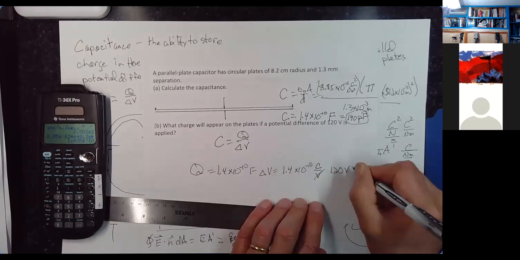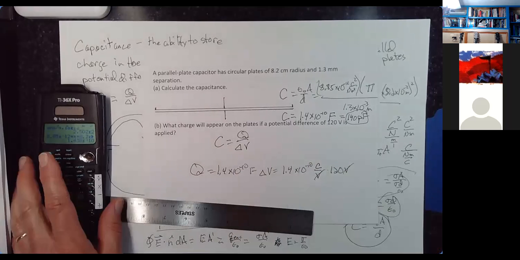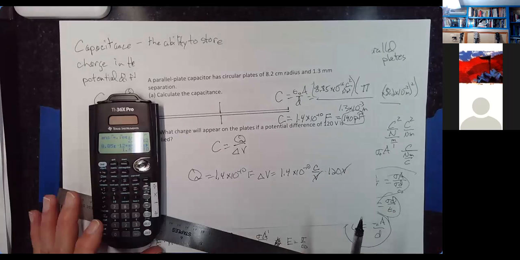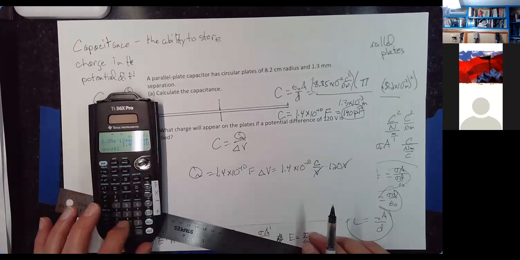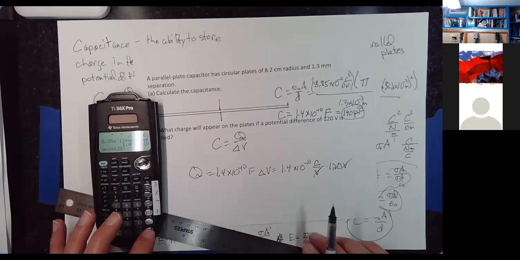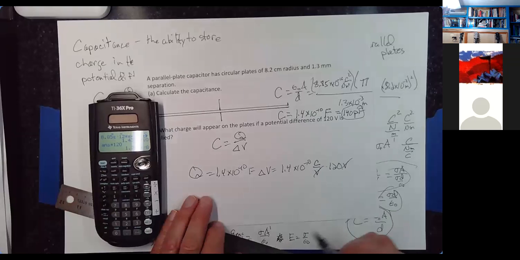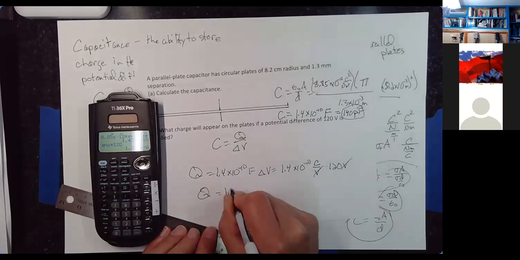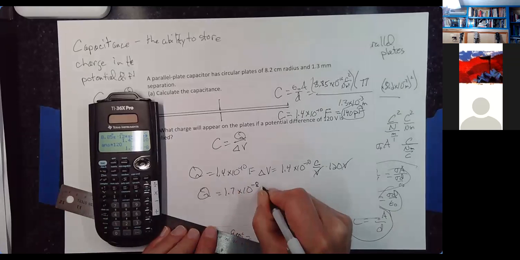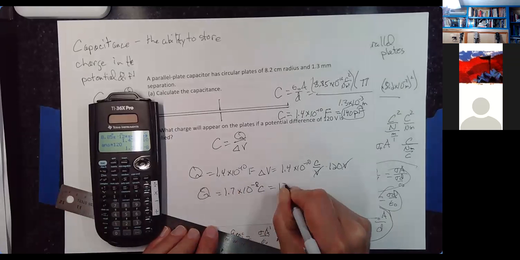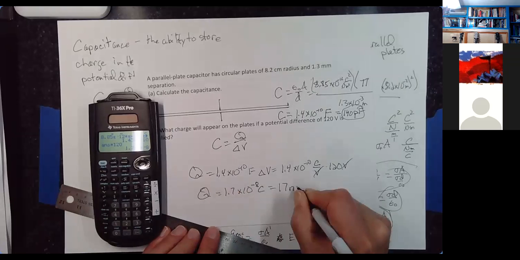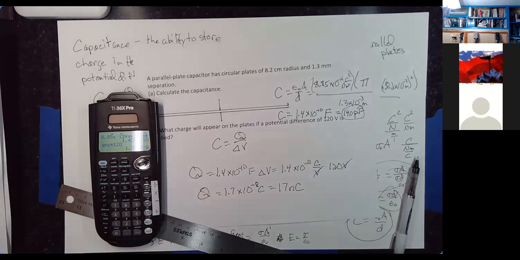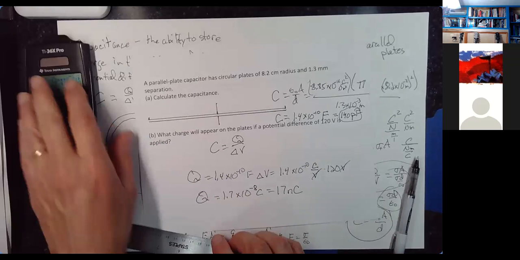And so I'll end up with a charge in coulombs here. And whatever that turns into, I get about, not a ton, but 1.7 times 10 to the minus 8th coulombs, or 17 nanocoulombs. You could write it that way. So that's how you would do such a thing.